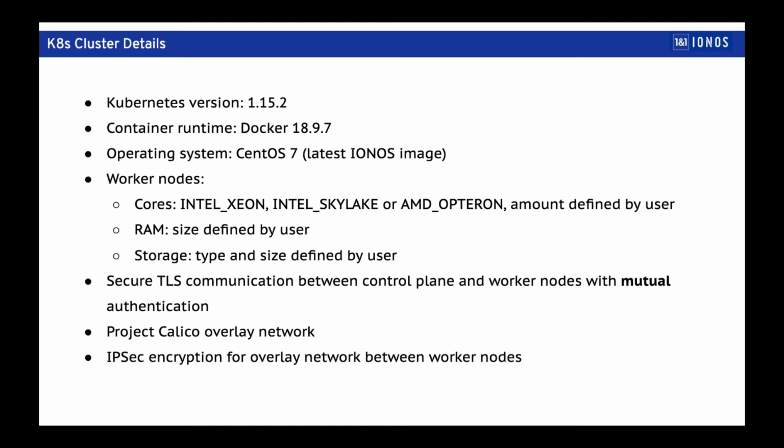It also allows you as a user to gain access to its API, and through that, you can even, for example, define individual network policies. It has one downside: it does not itself provide encryption for communication between the worker nodes. This is why we have implemented encryption on top of that ourselves, basically as an IPsec configuration that acts as encryption between the worker nodes for the overlay network.